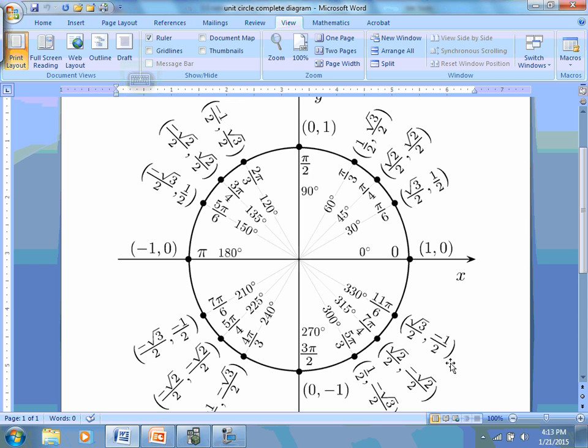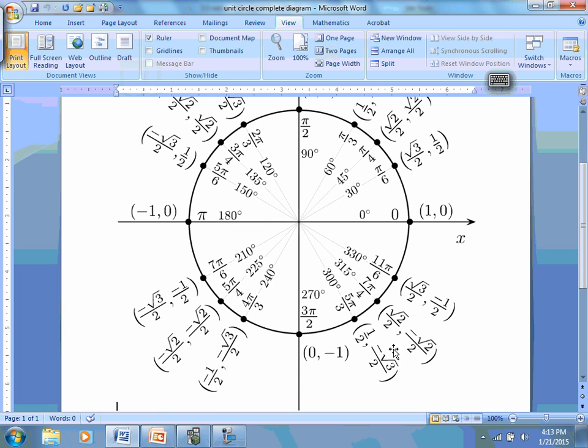So I've got sine and cosine. So the sine value is this y value. So right here, if I scooch a little, in the fourth quadrant, this is negative square root 3 over 2 over a half. That would reduce all the way down to negative square root 3. So let me write that down.